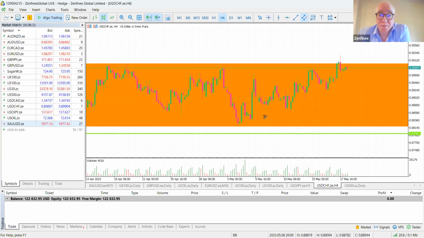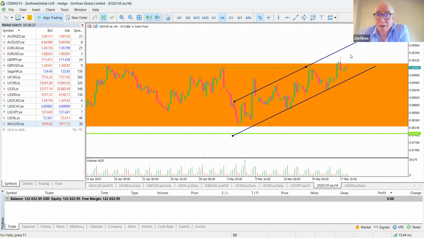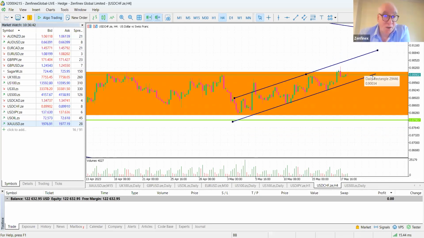So if I draw a channel, what we're really looking for is for it to break out, maybe take the top of this out, and then pull back either into the top of this consolidation area or even to the bottom of this channel for us to take a long trade. But obviously we need to watch it much more closely than we're able to here.